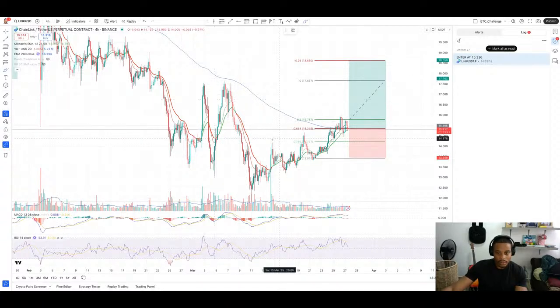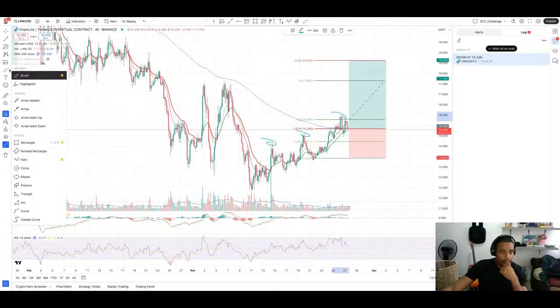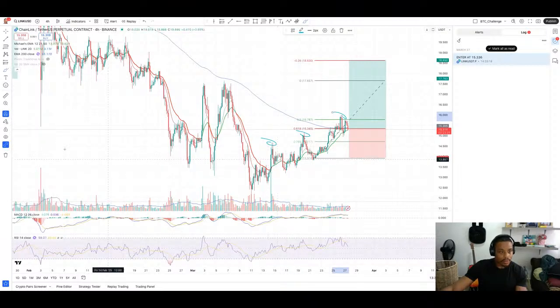This one, this one, this one. You can see quite easily that price is doing something like this, right? It's going up, it's an uptrend.